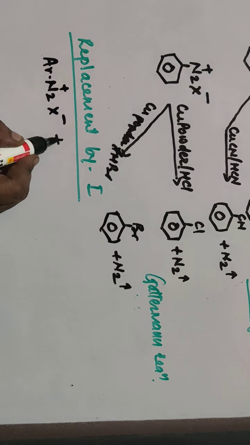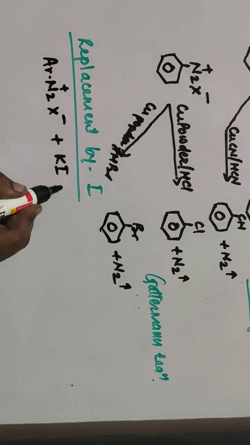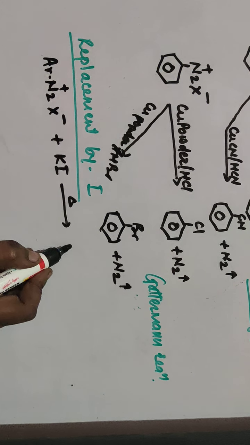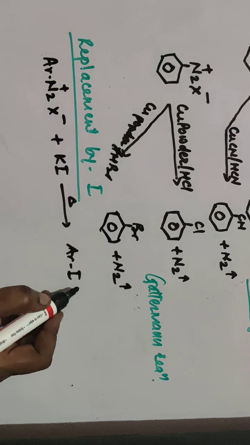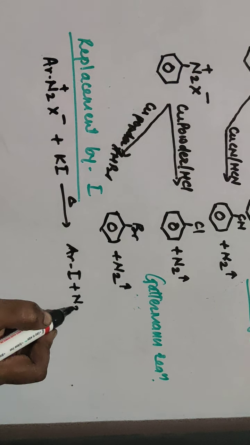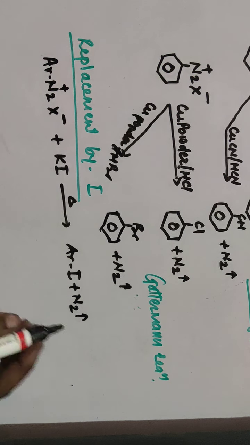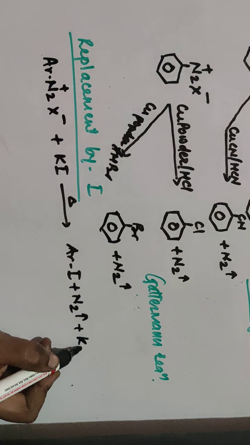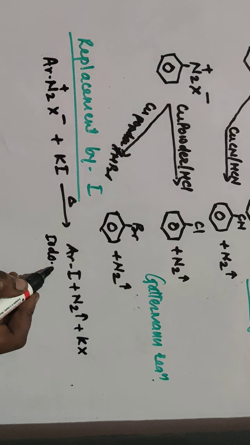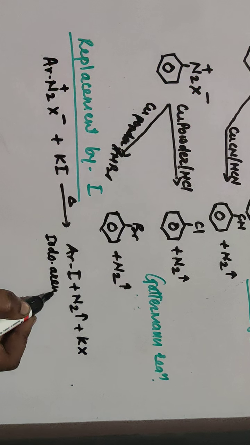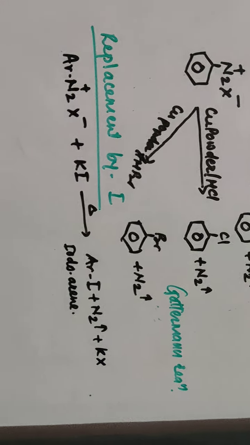So when this is treated with KI, then on heating you will get there ArI, iodobenzene, plus the side product is the same, nitrogen gas, plus one more is there, and that is KX. So here this is your iodoarene, or if a benzene ring is there, then it is iodobenzene.